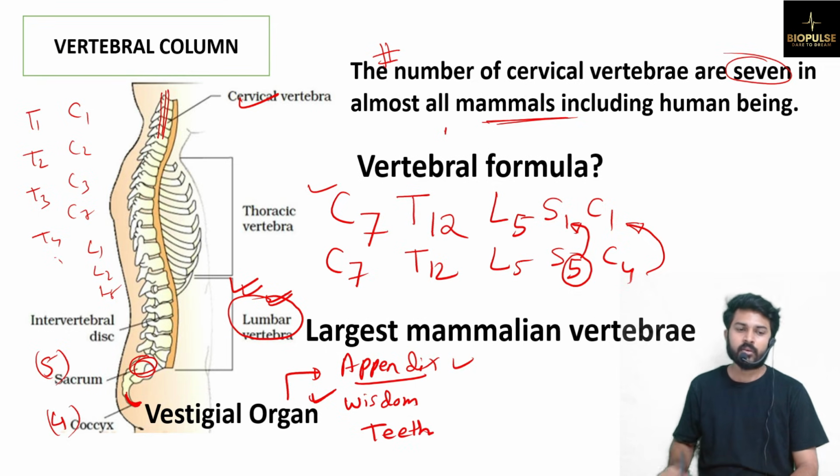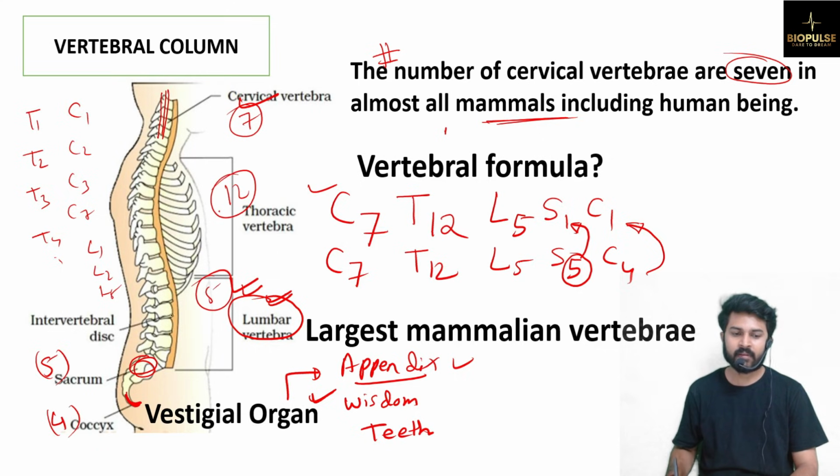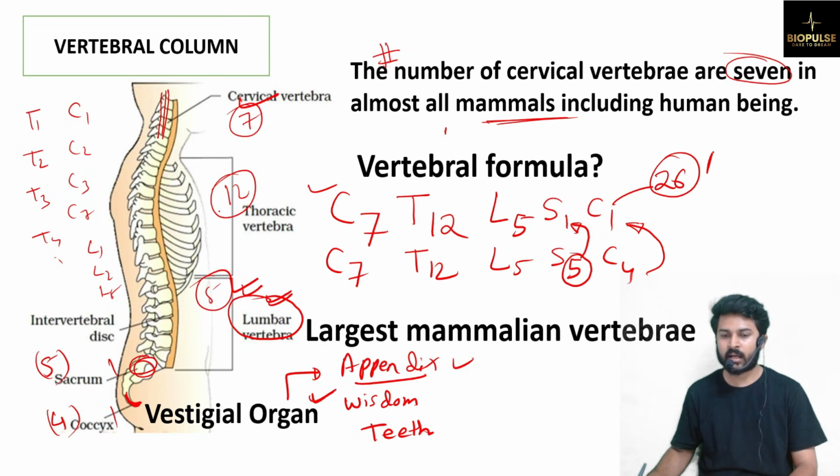Fine. So these are the total 26 bones present in the vertebral column: C7, thoracic 12, lumbar 5, 1 sacrum and 1 coccyx. Total equals how many? 26 in adults. What if they ask about a child?